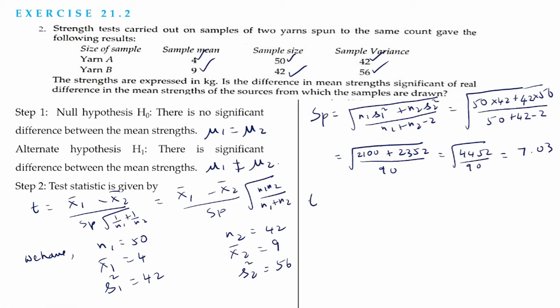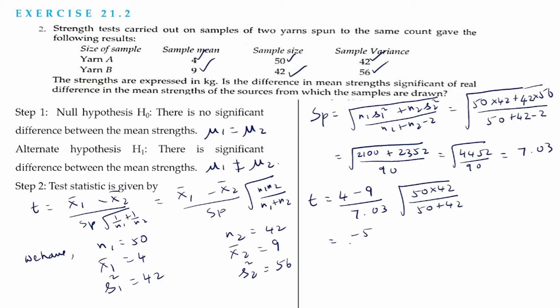Now let us find t. T is equal to x1 bar minus x2 bar, so 4 minus 9, upon 7.03 into root of n1 n2 upon n1 plus n2.